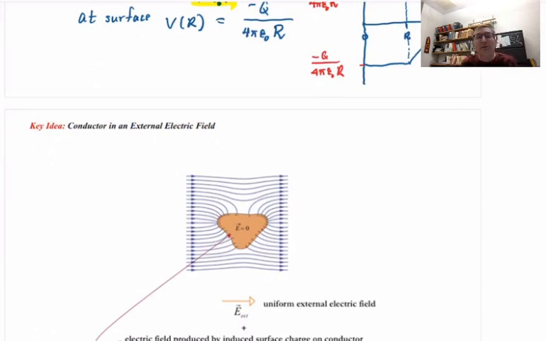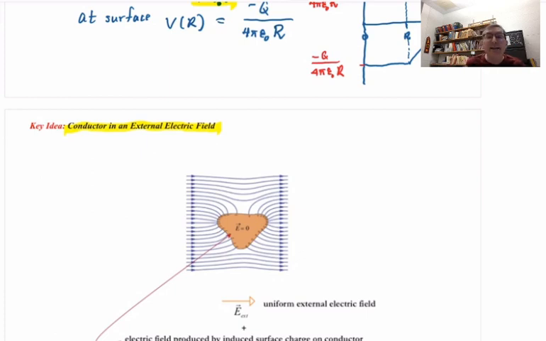So here's a picture that shows a lot that's been going on, but it's a conductor that's in an external electric field. It's not connected, this conductor, to anything, so in that sense it's isolated, but it's still immersed in an external electric field.